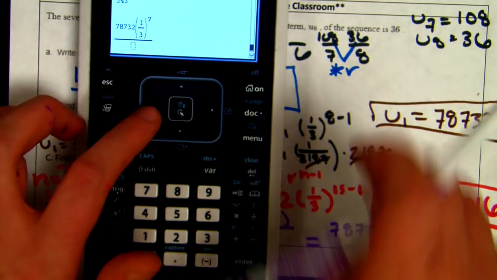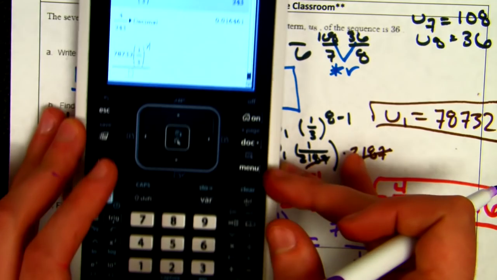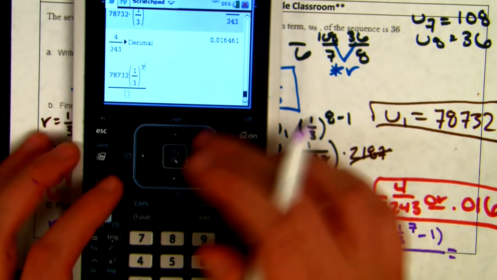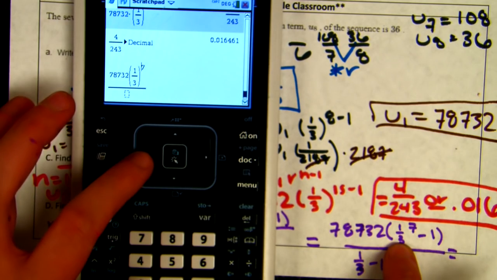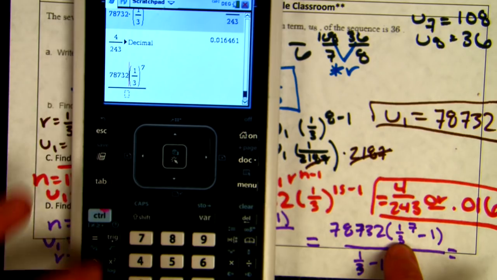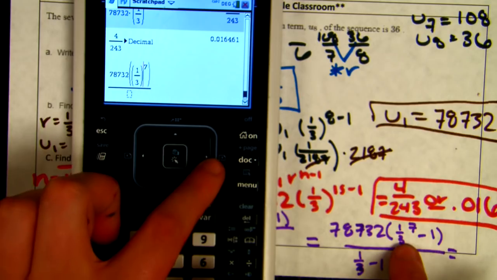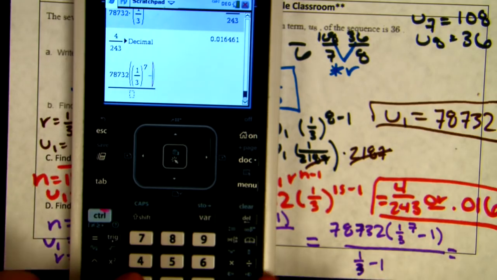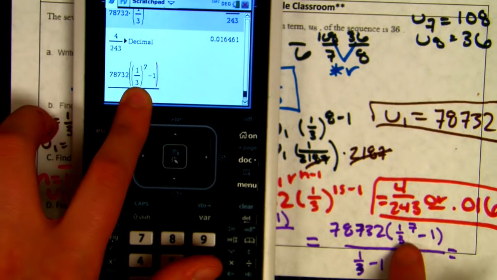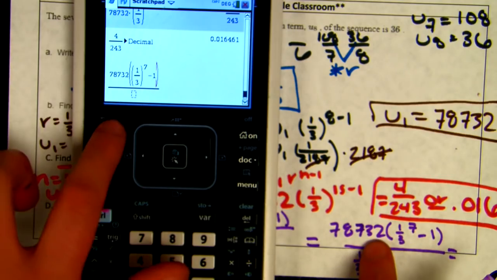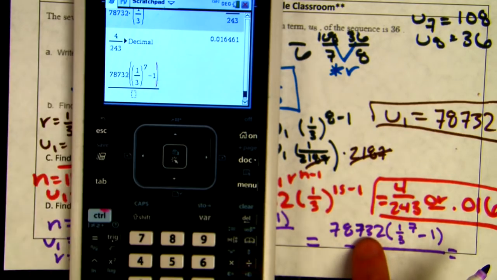Okay, so look, I tried to put that to the 7th power inside my calculator. Notice how it's outside. I need to go back to the front and set up another parentheses because it's 1/3 to the 7th power minus 1. I need to distribute this multiplication across both.